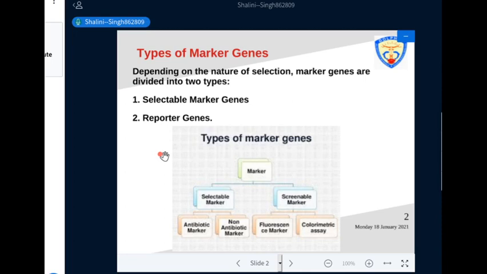Depending upon the nature of selection, marker genes can be divided into two types. First type is selectable marker genes and second type is reporter genes.